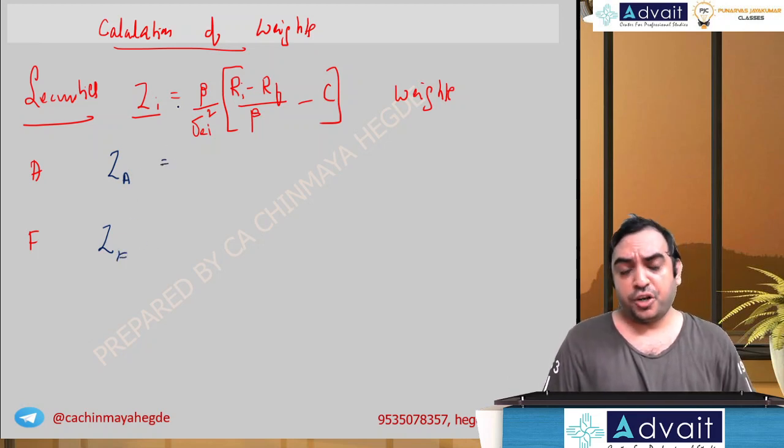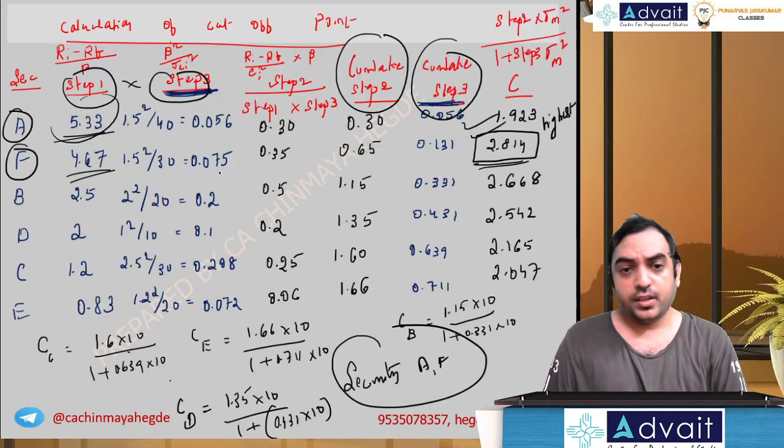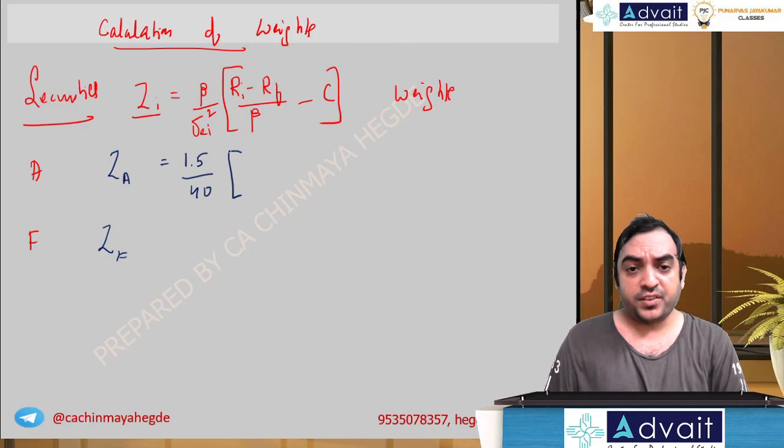So beta of security A is 1.5, given in the problem. Sigma Ei square, given in the problem, next column, 40, multiplied by the ratio. The ratio is 5.33 minus the cutoff point.